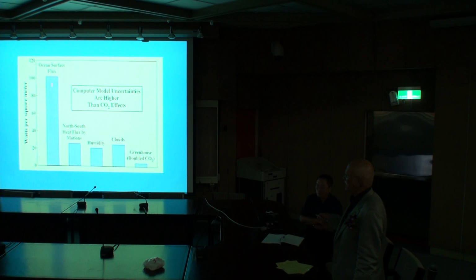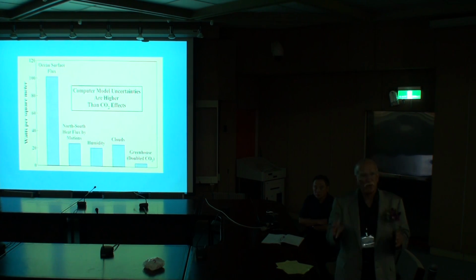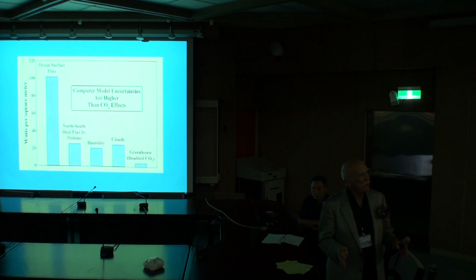The uncertainty on this scale for ocean surface flux, for north-south heat flux, by motions, by humidity, by clouds, etc. This is just taking and doubling CO2 and saying, what would the impact be? As compared to what some of the uncertainties are in some of the models that are being promulgated to try to explain global warming.